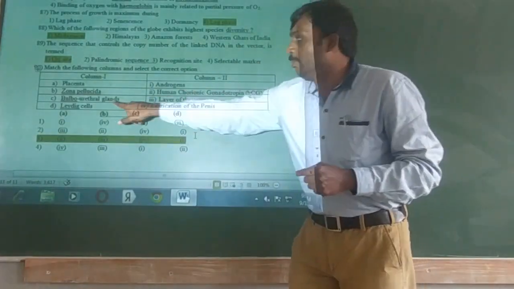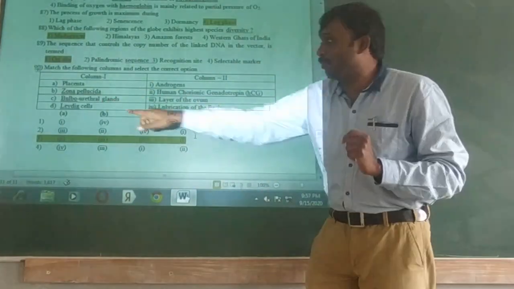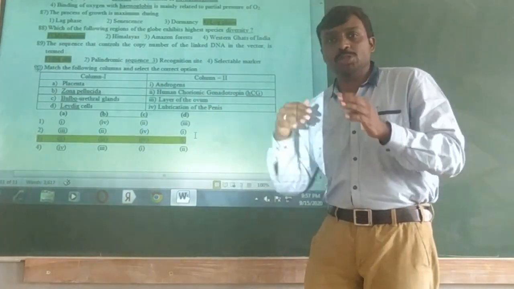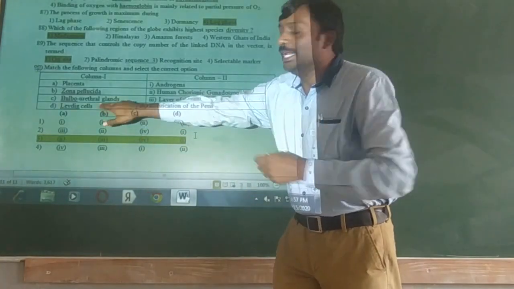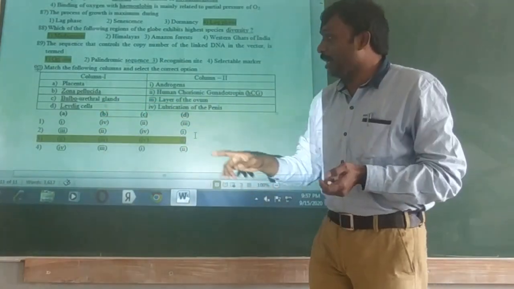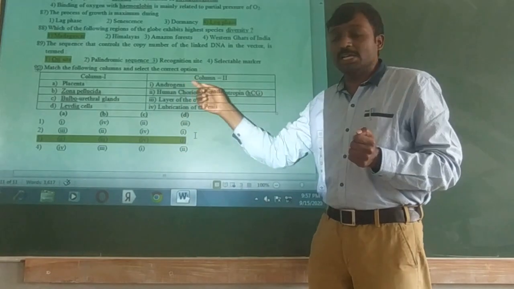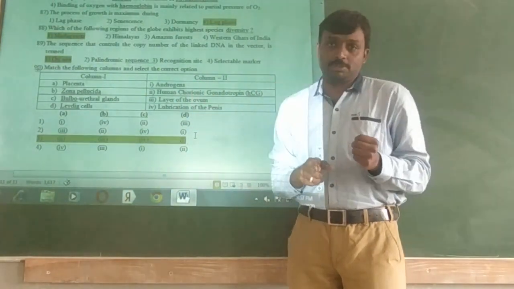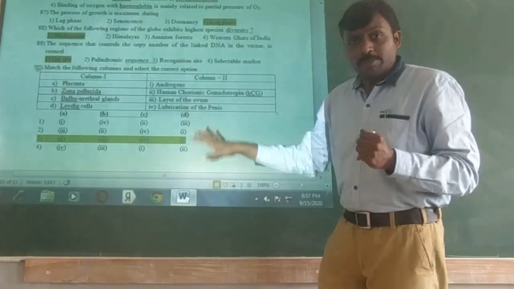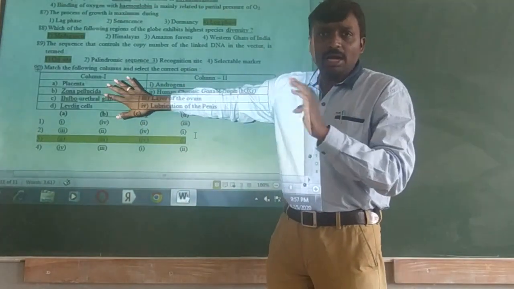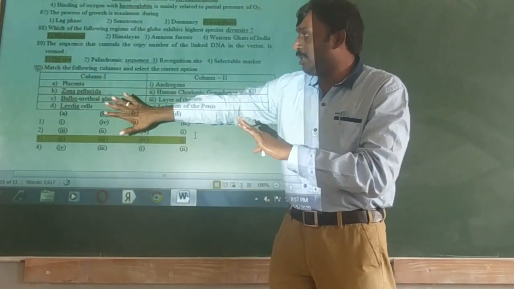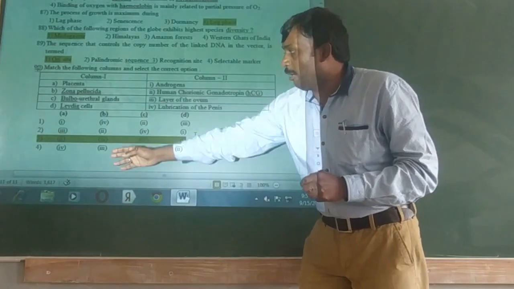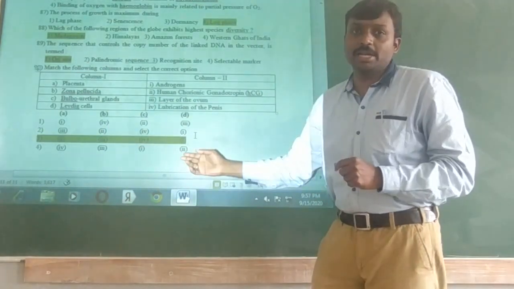Bulbourethral glands generally provide lubrication for the penis during copulation. Leydig cells are the cells which synthesize androgens, which are crucial for the synthesis of sperms. So these are the various tissues and glands and their functions. So option 3 will become the answer here.